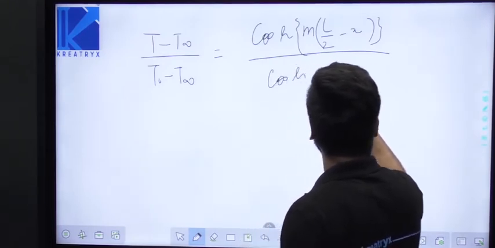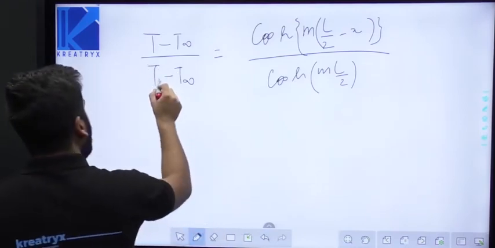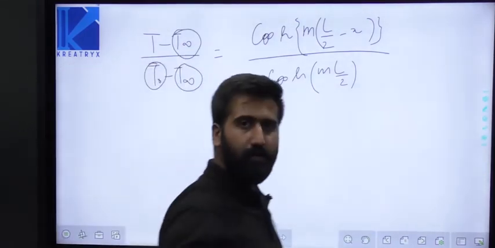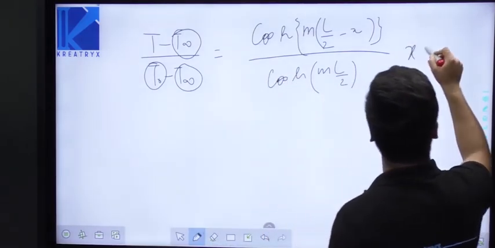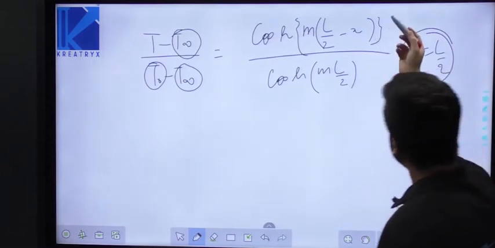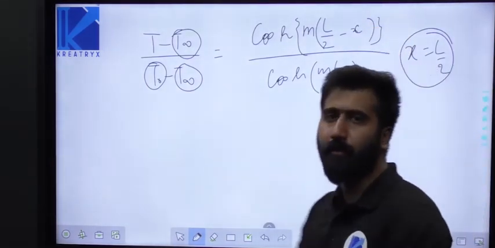However, in this case it will be L by 2. You have T naught and T infinity. X will be L by 2, because you have to find it at the midpoint only, and that is actually at the tip of one fin.